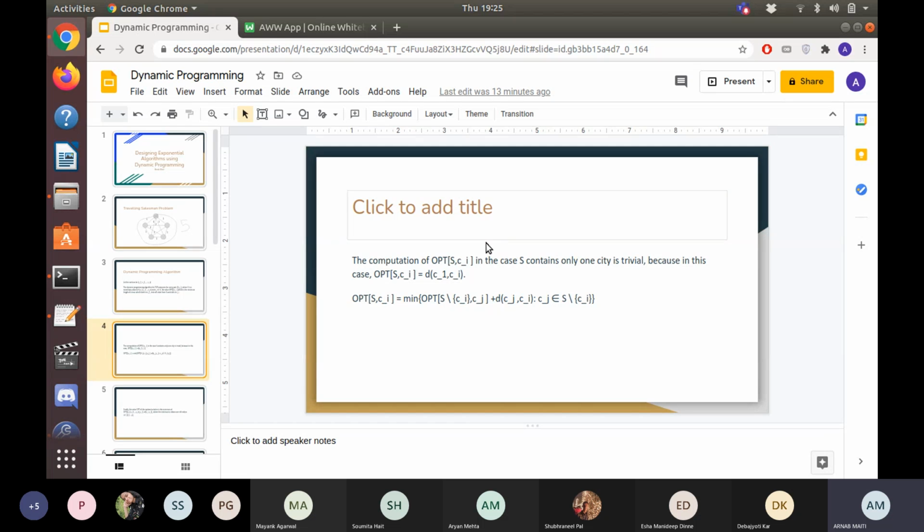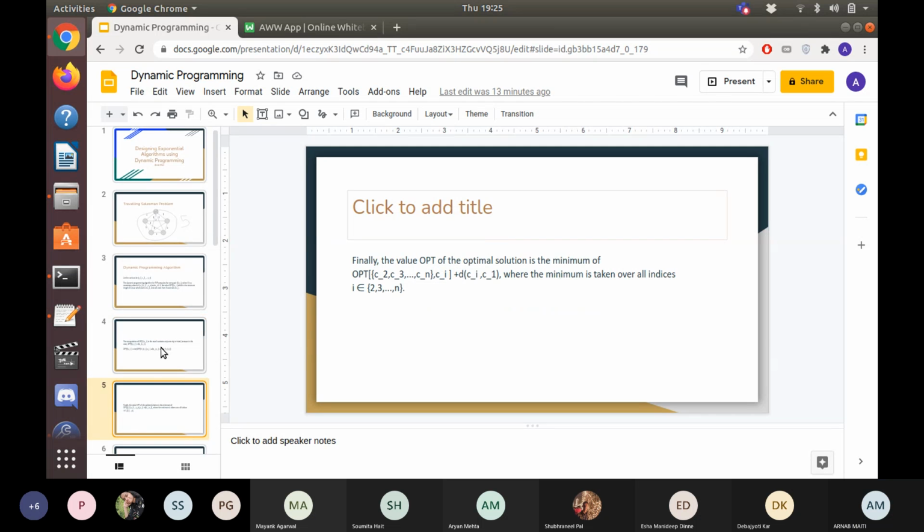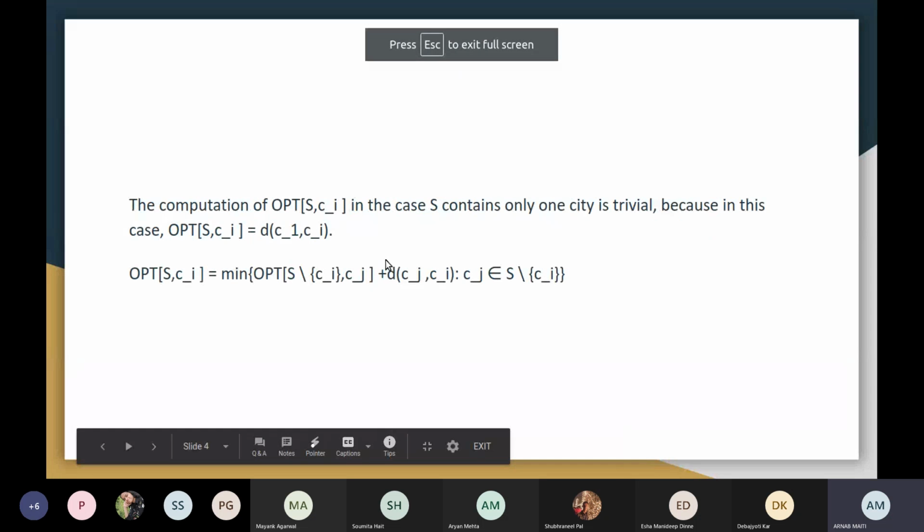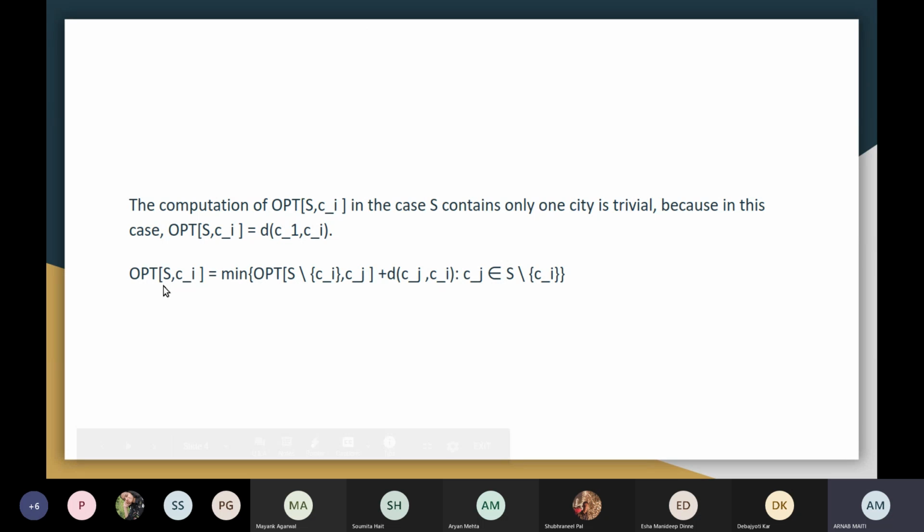It's quite similar to how we did the overall problem. So you have OPT(S, Ci), and you want to calculate this.